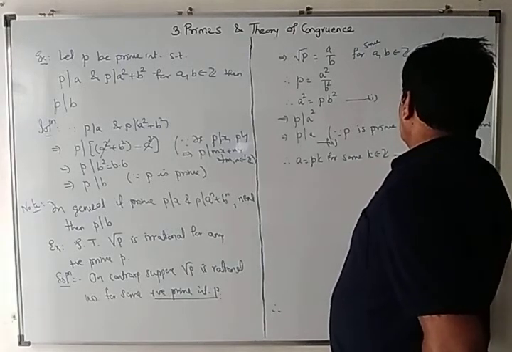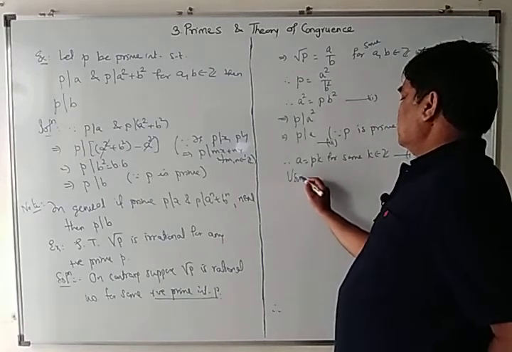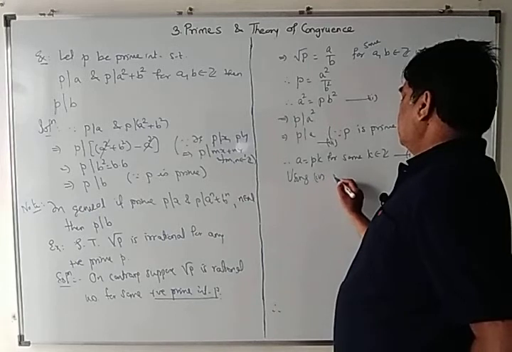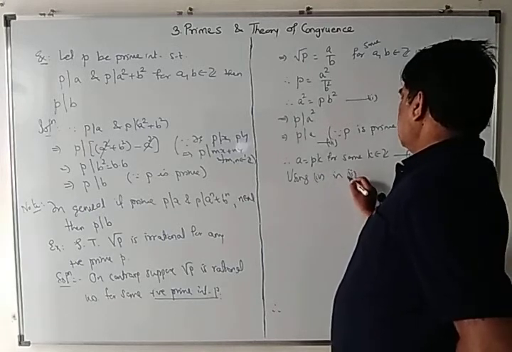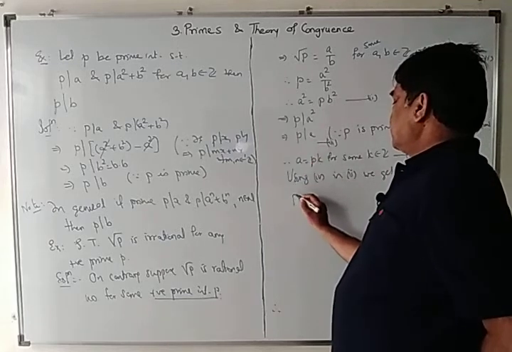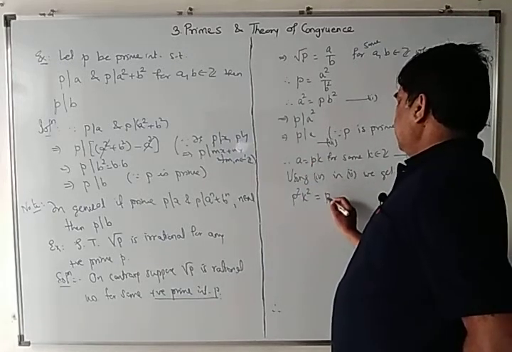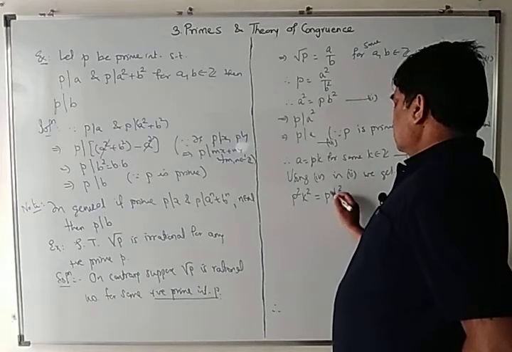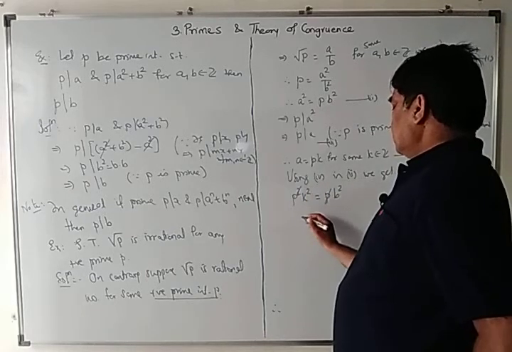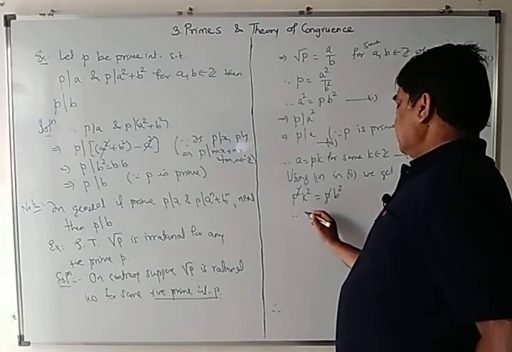This is 4. Using 4, we get, what will we get? P square K square is equal to P B square. So one P will get cancelled, and therefore P times K square is equal to B square.